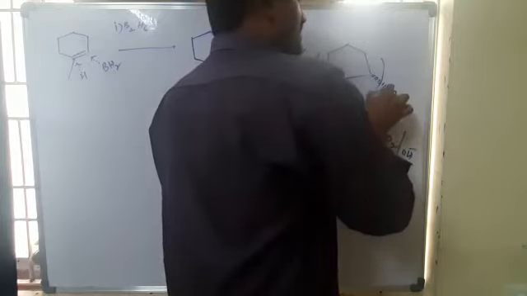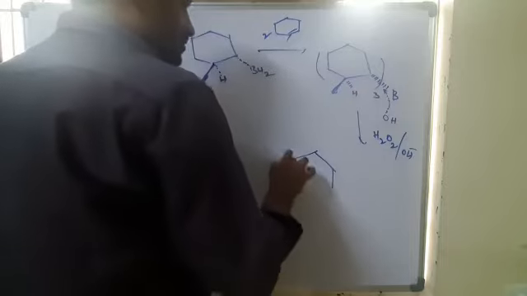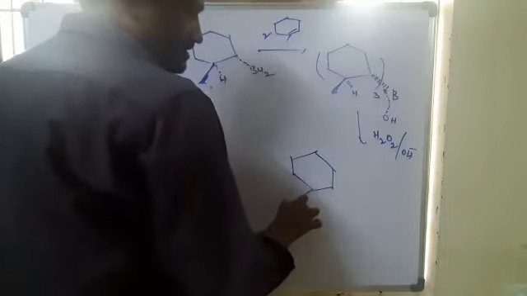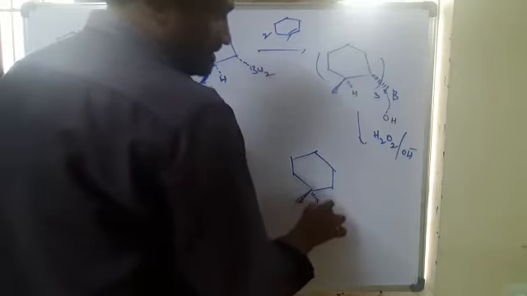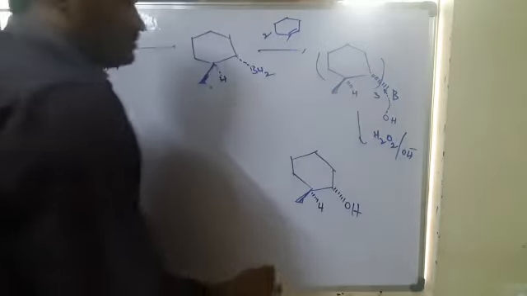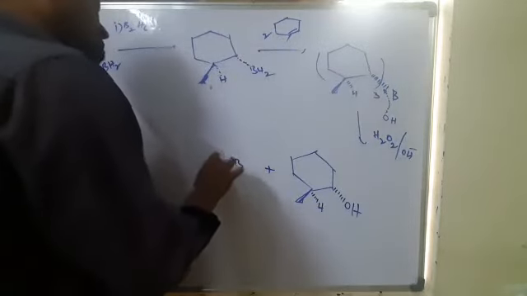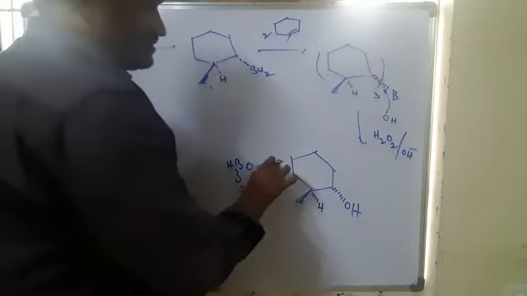It is also attacked from the back side. Okay, so now we will get the product, 3 moles. Here the methyl group is on the thick line above and hydrogen on the bottom line, and here OH is formed on the bottom line, and H3BO3 is the byproduct. These 3 moles are formed.